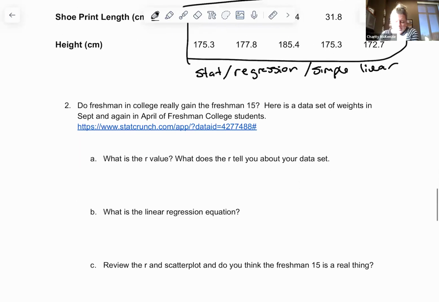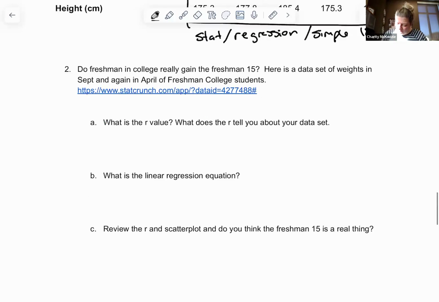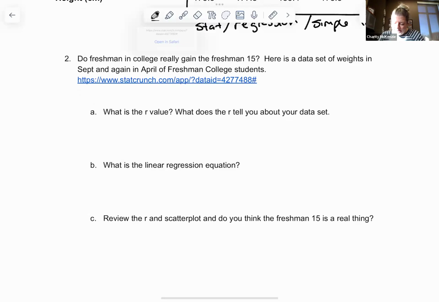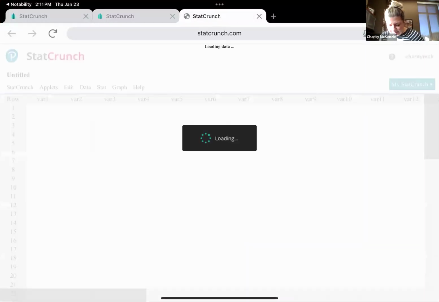All right. Do freshmen in college really gain the 15 pounds? Here's some data sets of weights in September and again in April for freshman college students. What's the R value? What does this tell you about your data? And what's the linear regression? So it's all the same thing, but we get to, thank goodness, open this data. I don't have to type it in.